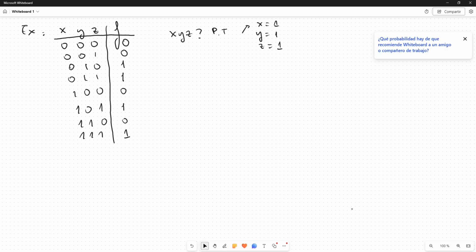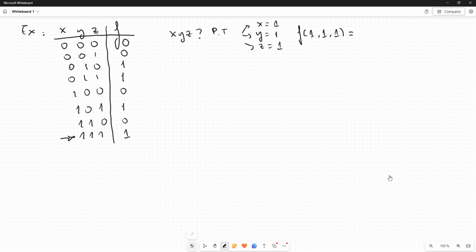Remember the truth table of the logic gate AND. So we try what happens with this in the function. So we are here in this combination, and yes, the output is 1. So this is an implicant, yes.